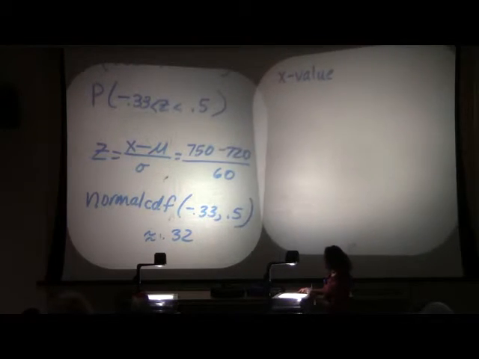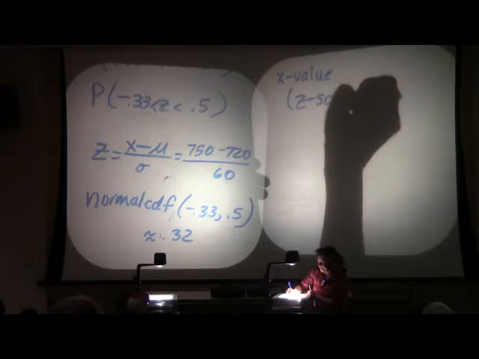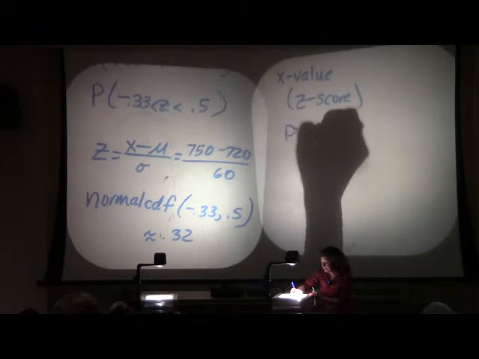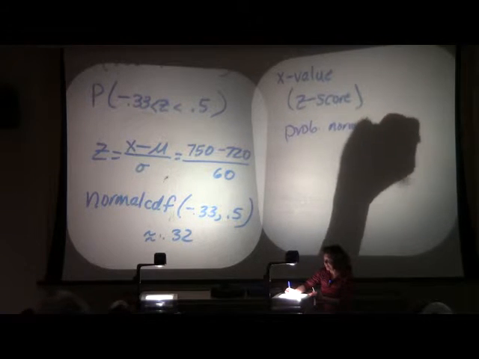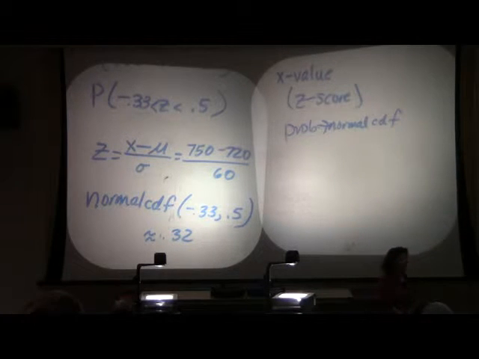We're wanting to find a probability, right? For those of us with my style calculator, we also then have to find our z-score. And then we find our probability by using the normal CDF. Do you guys agree? That's what we've been doing?